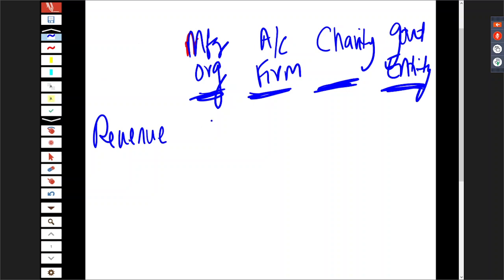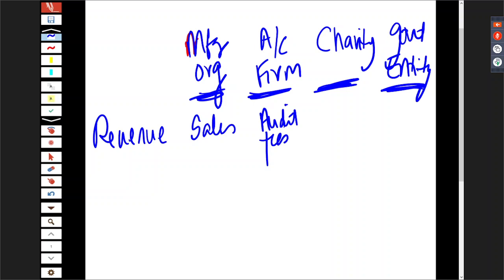Of course, right? What about an accounting firm like Price Waterhouse or Ernst & Young? Would they be interested in maximizing their revenue? Of course. So the revenue here would be called sales. Here it will be called fees, audit fees, fees for services, whatever.